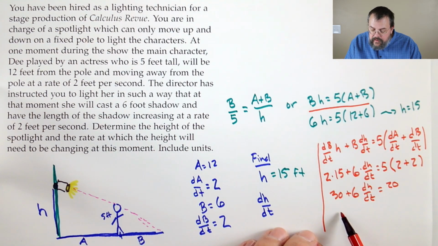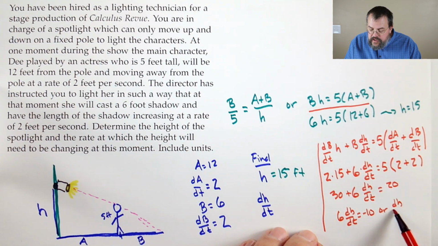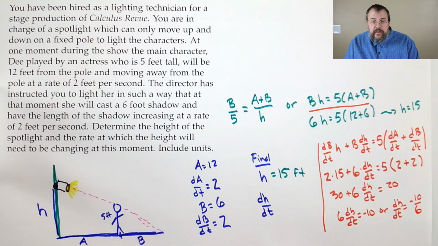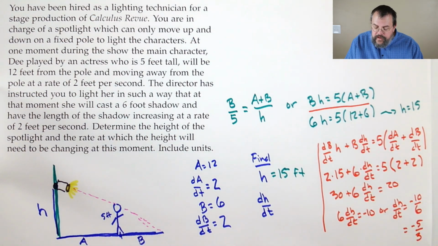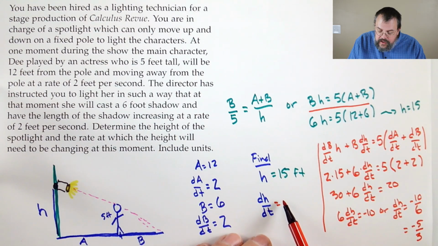Subtract 30, so 6 dH/dt is negative 10, or dH/dt is negative 10 over 6. Divide through by 2. That gets us to negative 5 over 3. So dH/dt is negative 5 thirds.